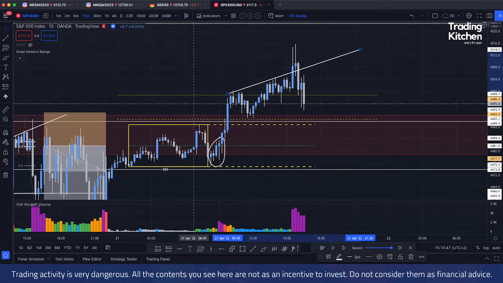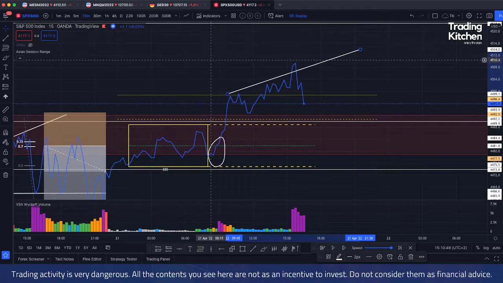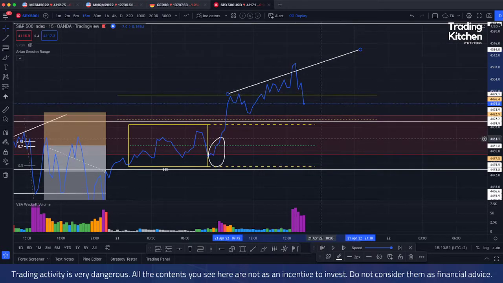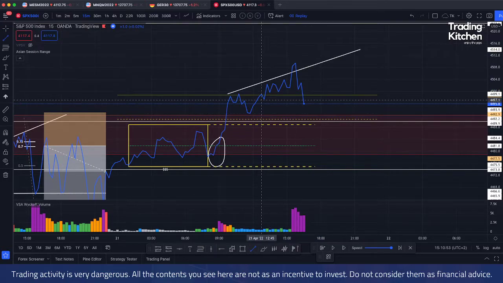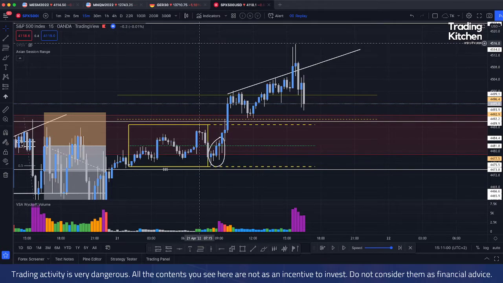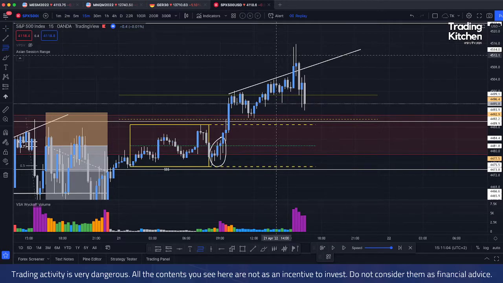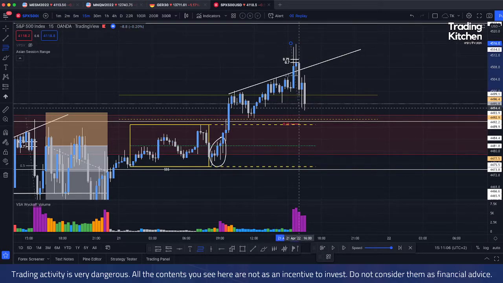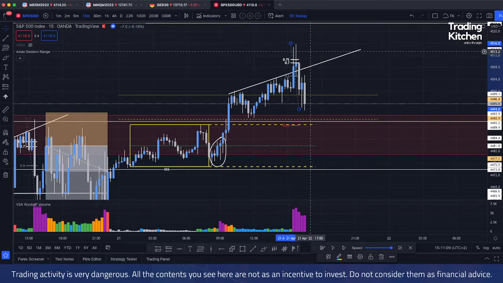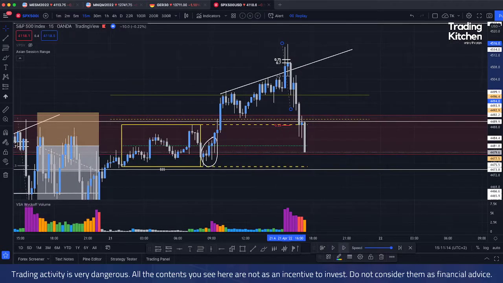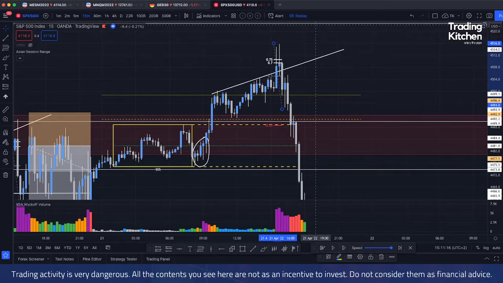If you're not sure, move on the line graph, and as you can see, this structure is being broken. So what we can do, just wait for price to retest the 50% and the 70, and they didn't do it.